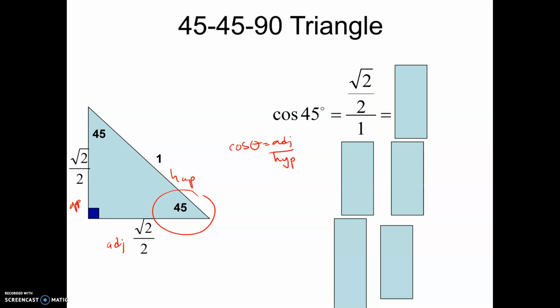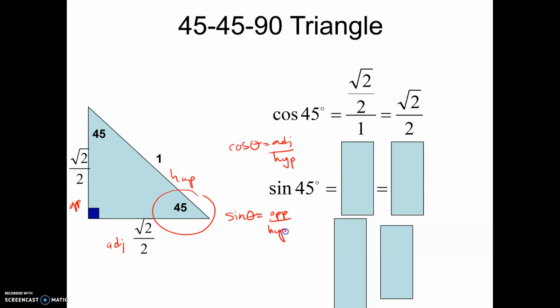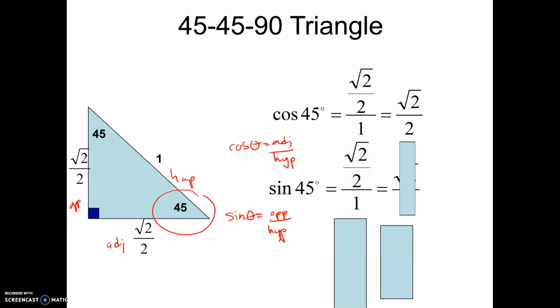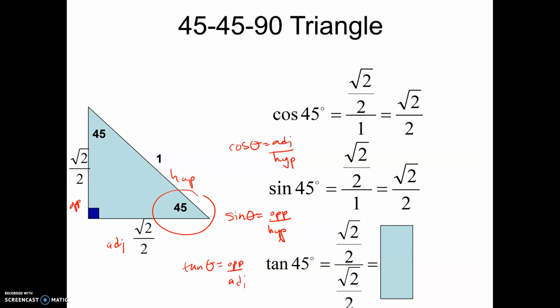So I take the adjacent side, put it over the hypotenuse, and I just get radical 2 over 2. If I want sine, you know that sine theta is the ratio of opposite over hypotenuse. So again, I just take the opposite side measurement, the hypotenuse, divide them, and there we go. And then lastly, tangent of theta is equal to opposite over adjacent, and I just take the opposite side, put it over the adjacent side, and anything divided by itself is 1.